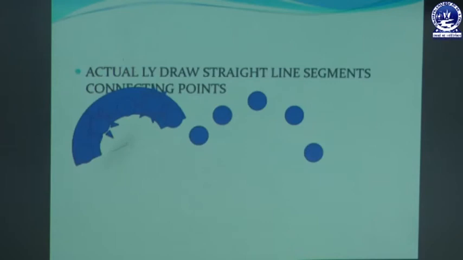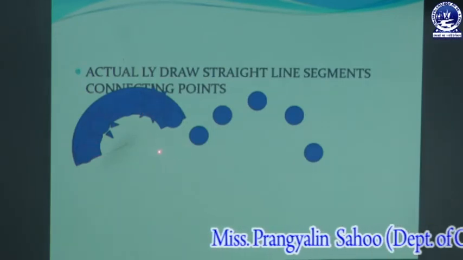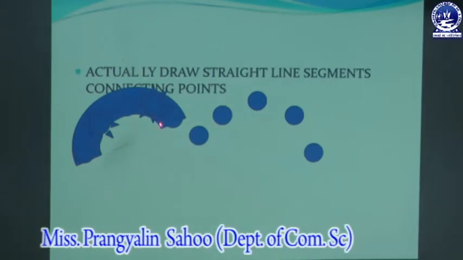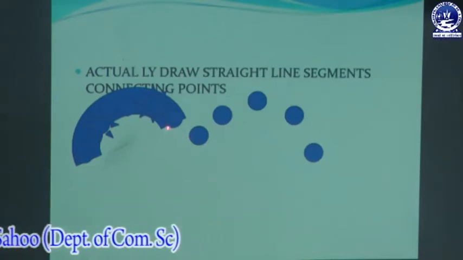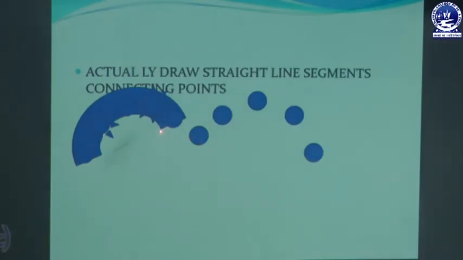Lastly, actually draw straight line segments containing the points. Having found all the intermediate pixel points as well as the approximation pixel points, we join them and check which type of curve is produced, as the user needs to check whether it gives a curve or not.